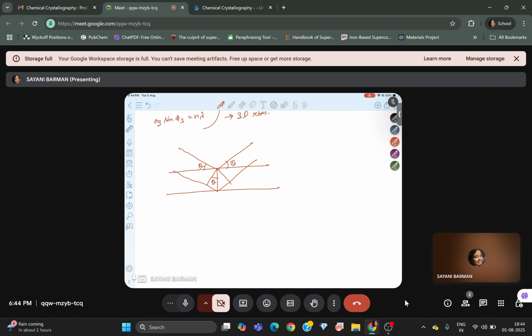Basically, some of the X-rays are reflected off a plane with an angle of reflection equal to the incidence angle, theta, theta. But the rest are transmitted to be reflected by succeeding planes. Like, let's say if we name this XYZ, then XY equals YZ equals d sin theta, if we do the trigonometry.